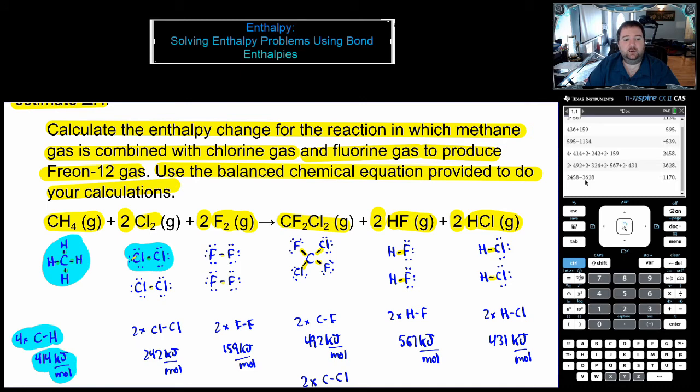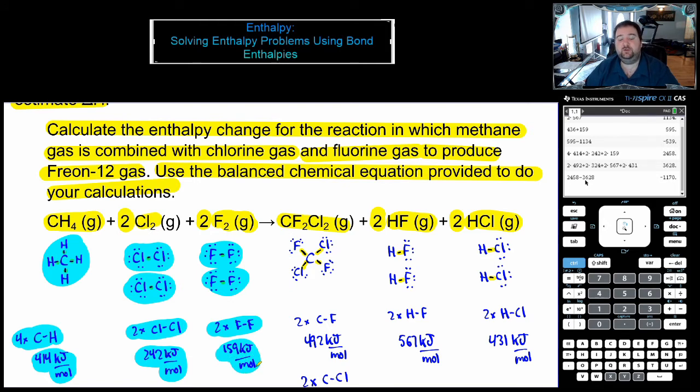And so a chlorine-chlorine bond looks like this. And I have 2 of them. So I have 2 chlorine-chlorine bonds, each of which has a bond dissociation energy of 242 kilojoules per mole. Then I have 2 fluorine gases. And so that means I have 2 fluorine-fluorine bonds. And each has a dissociation energy of 159 kilojoules per mole.